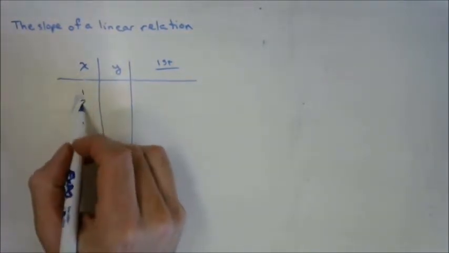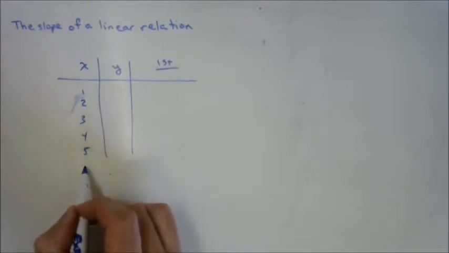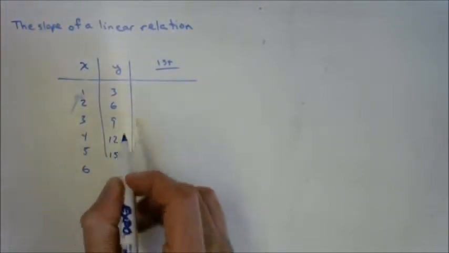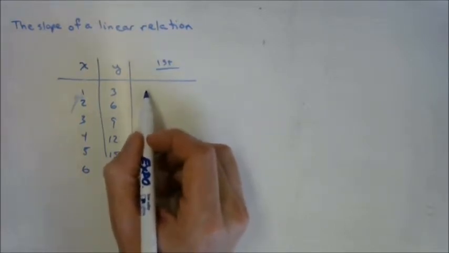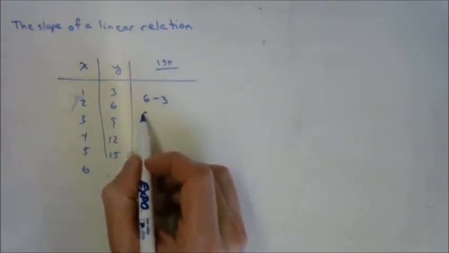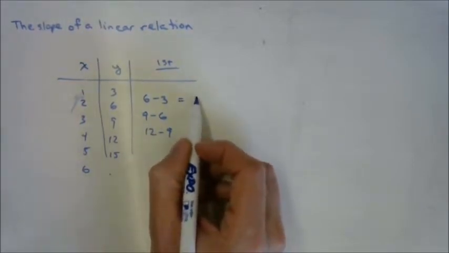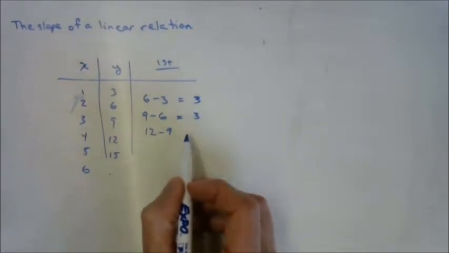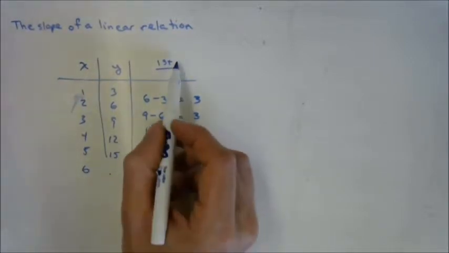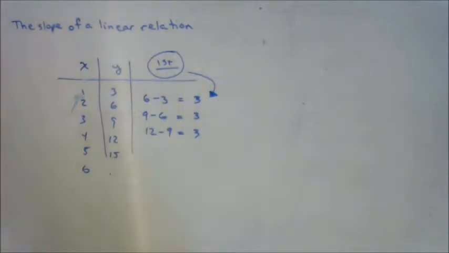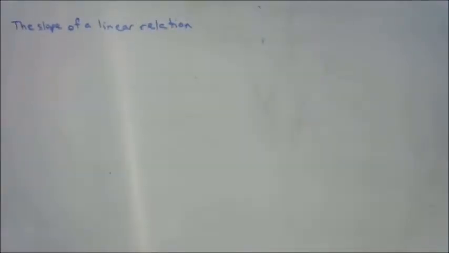You're subtracting: 6 minus 3, 9 minus 6, 12 minus 9. What's the answer? 3, 3, 3. So the first differences are constant.